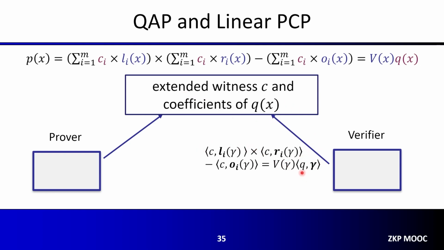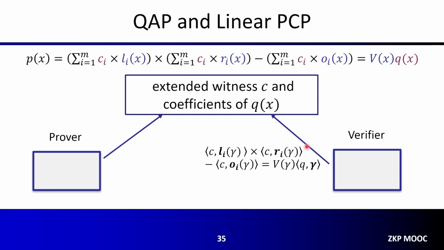If this equation is true, then by the Schwartz-Zippel lemma, we know that with high probability this polynomial equation on the master polynomial is also true. So this gives you one way to check the validity of the master polynomial of a quadratic arithmetic program in the linear PCP model. That is why QAP is actually an instantiation of a linear PCP.